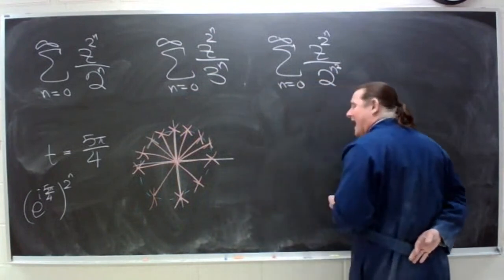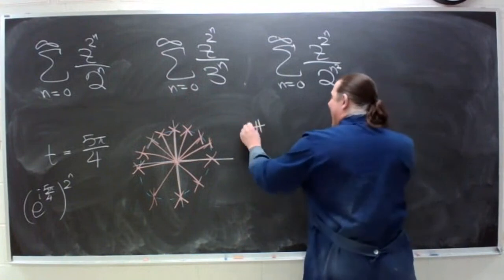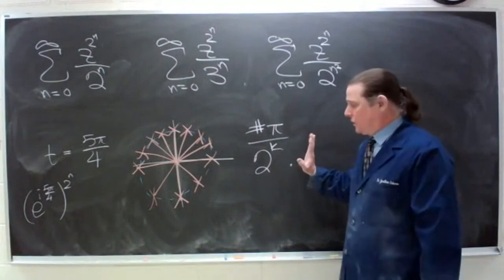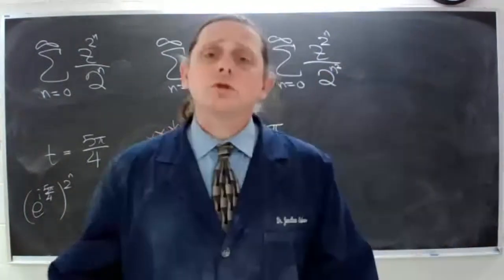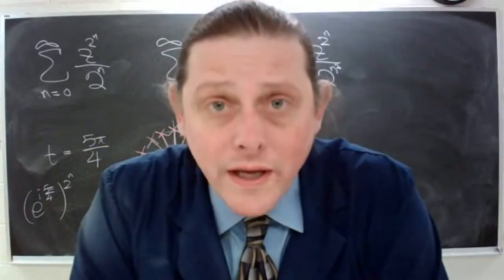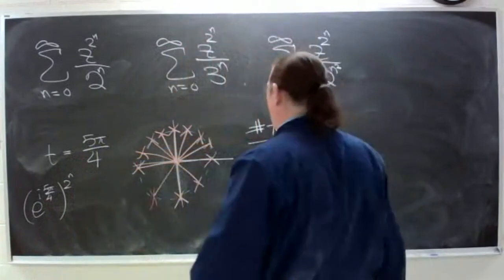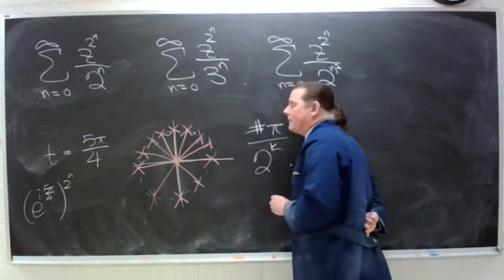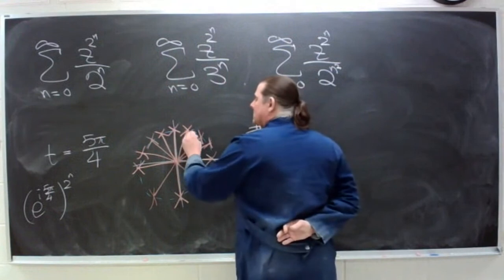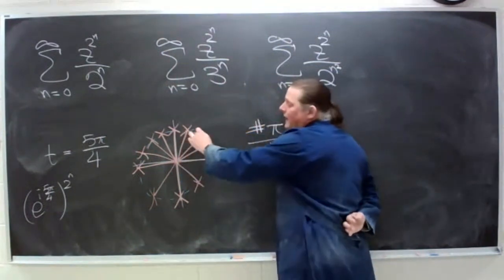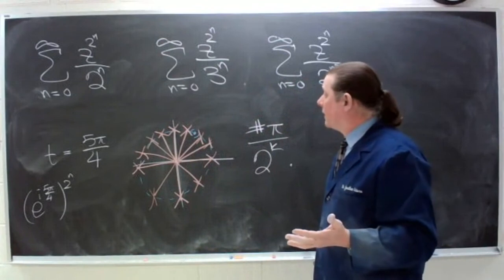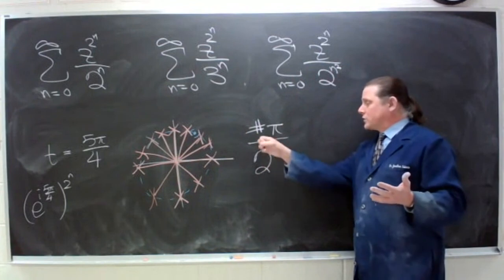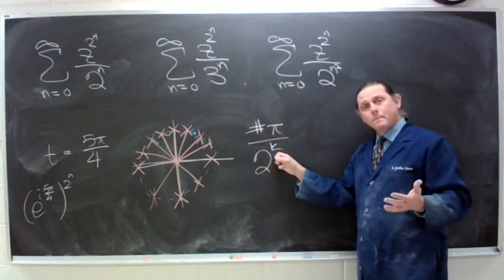It can be made, in fact, for any number pi over some power of 2. And so, for that reason, we see that in the neighborhood of any point on this circle, there must be points that have an argument that can be written like that for some number and some value of k.